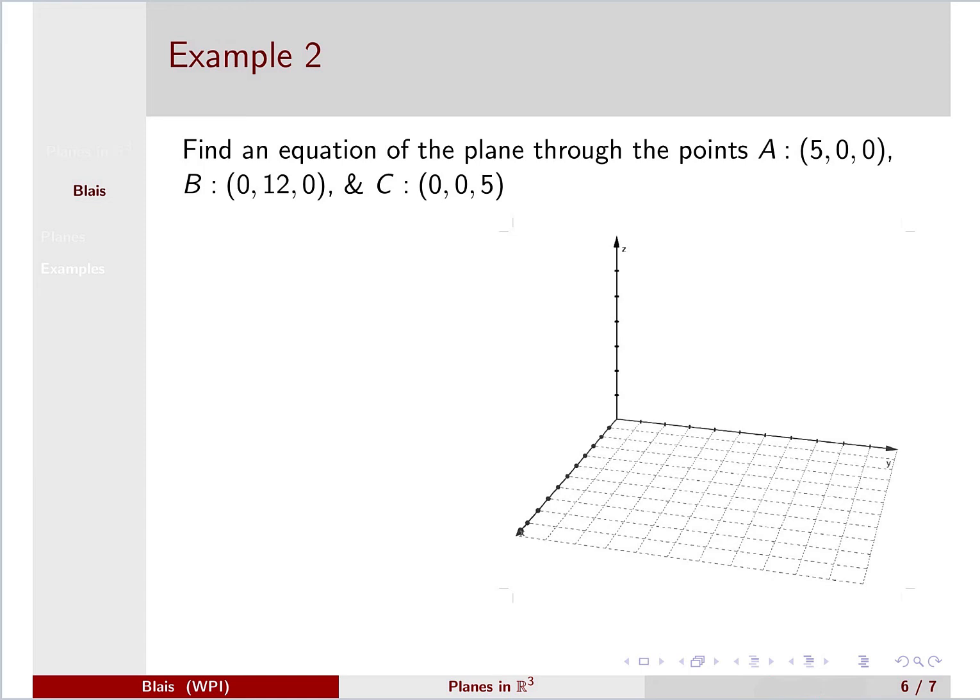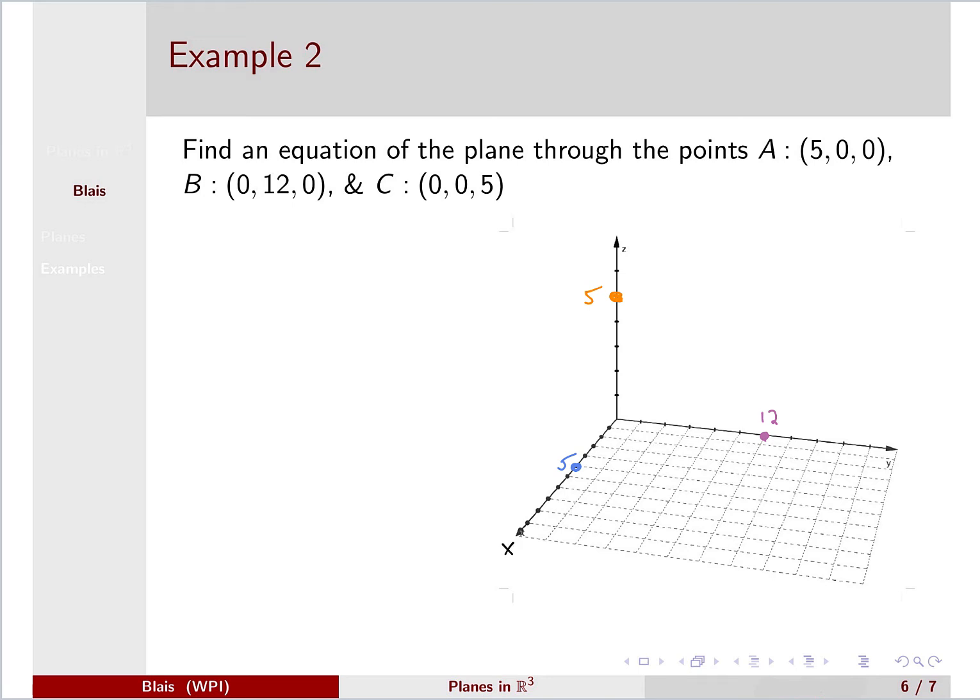Another very common kind of example when dealing with planes is this type. So we're given 3 points. 3 points that are not all on the same line uniquely define a plane. So in this case, we're given the points A, which is the point (5, 0, 0), B, which is the point (0, 12, 0), and C, which is the point (0, 0, 5).